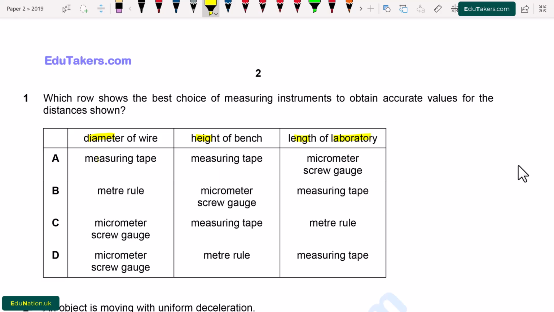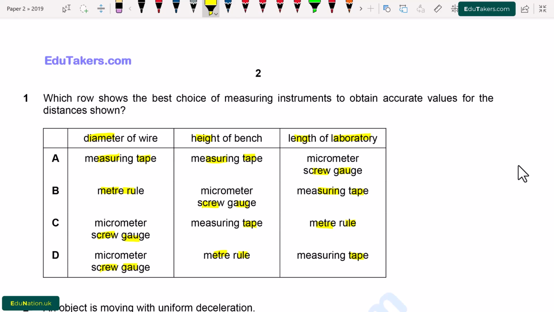Option A, measuring tape, micrometer screw gauge. B, meter rule, micrometer screw gauge, measuring tape. C, micrometer screw gauge, measuring tape and meter rule. D, micrometer screw gauge, meter rule and measuring tape.